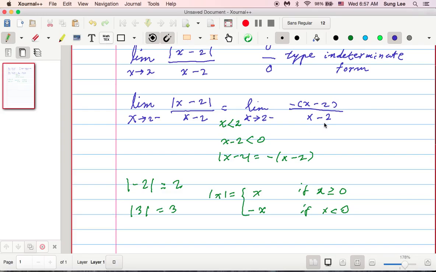So x minus 2 can be cancelled. Cancelling means that we can divide top and bottom by x minus 2, the same number, leaving, in this case, only negative 1, right? So we have a limit of negative 1 when x approaches the number 2 from the left side.